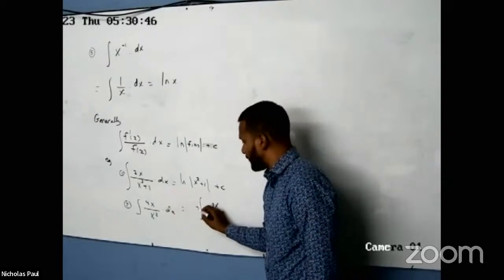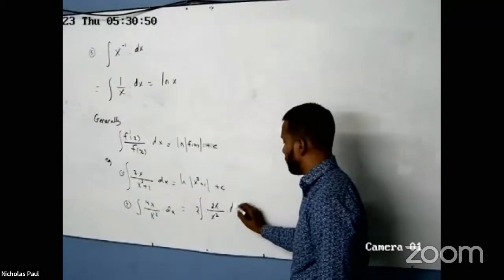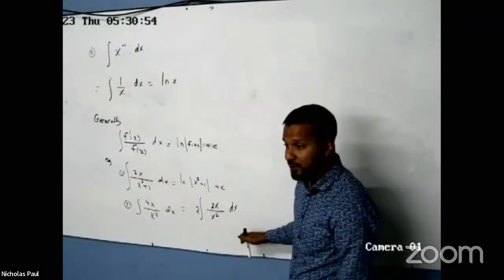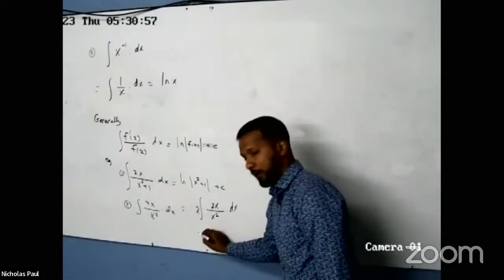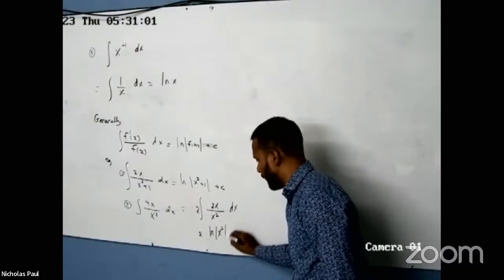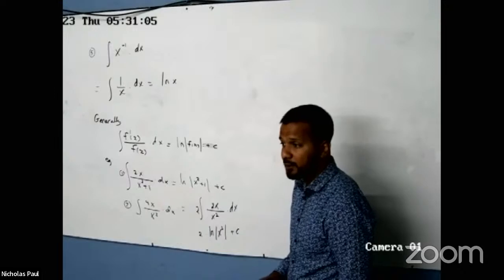So can I factor out a 2? Yes. So I could factor out a 2, and then I'll be left with 2 ln of x squared plus c.